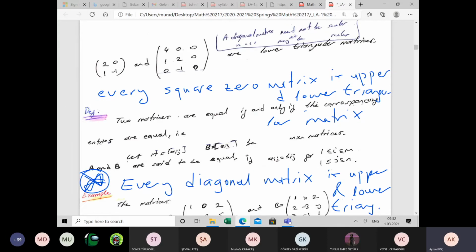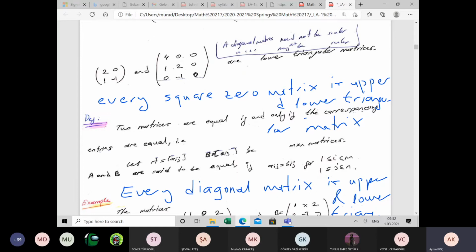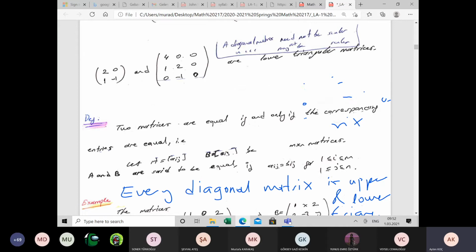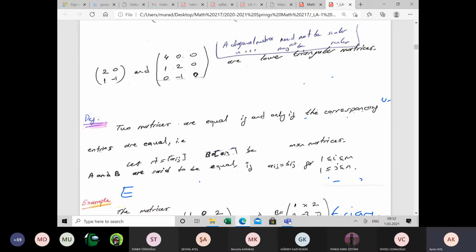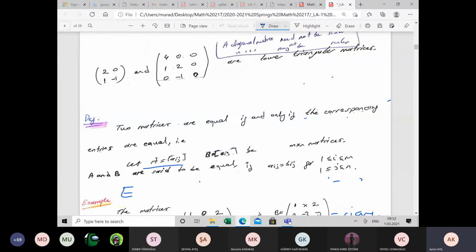Now let's give the next definition. Take two matrices, and we want to say that these matrices are equal. Take matrix A and matrix B, and the matrices should be n by n matrices, with the same dimension, not different.